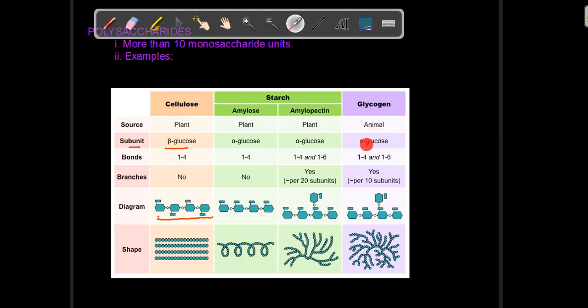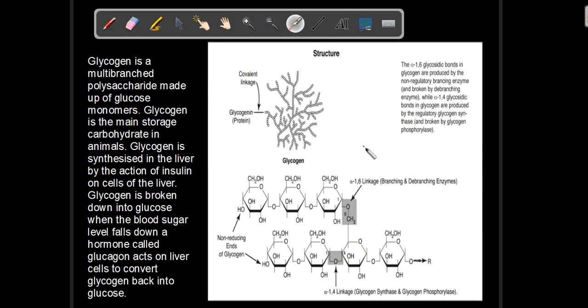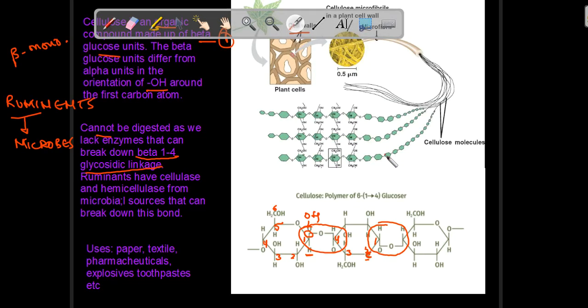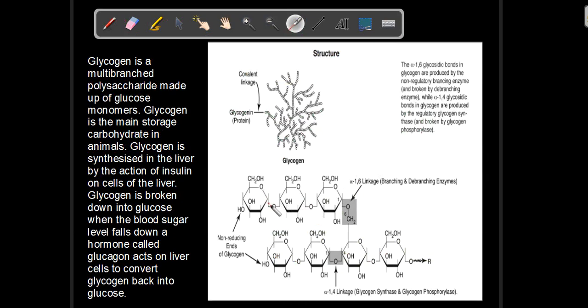What are the building blocks of glycogen? Let us have a look here. All of these are alpha glucose units. See, the OH is down here, and that's why the bonding is at the bottom, right? So these are alpha glucose units.